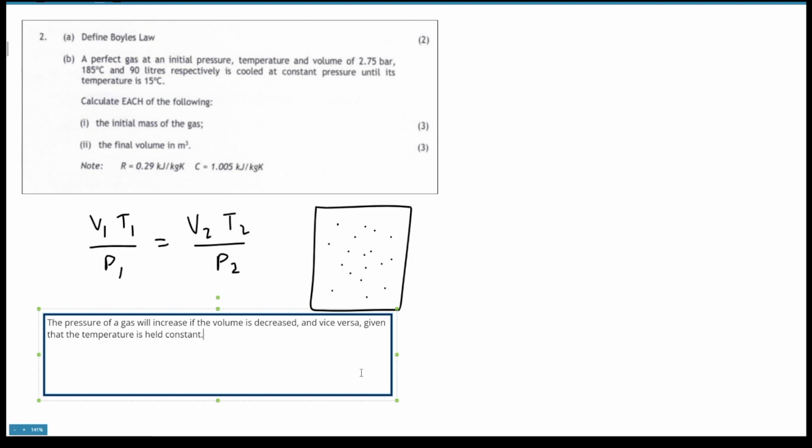All right, that's it. That's Boyle's law. You squash it and the pressure increases, obviously, or you stretch it and the pressure will decrease. Pretty obvious.